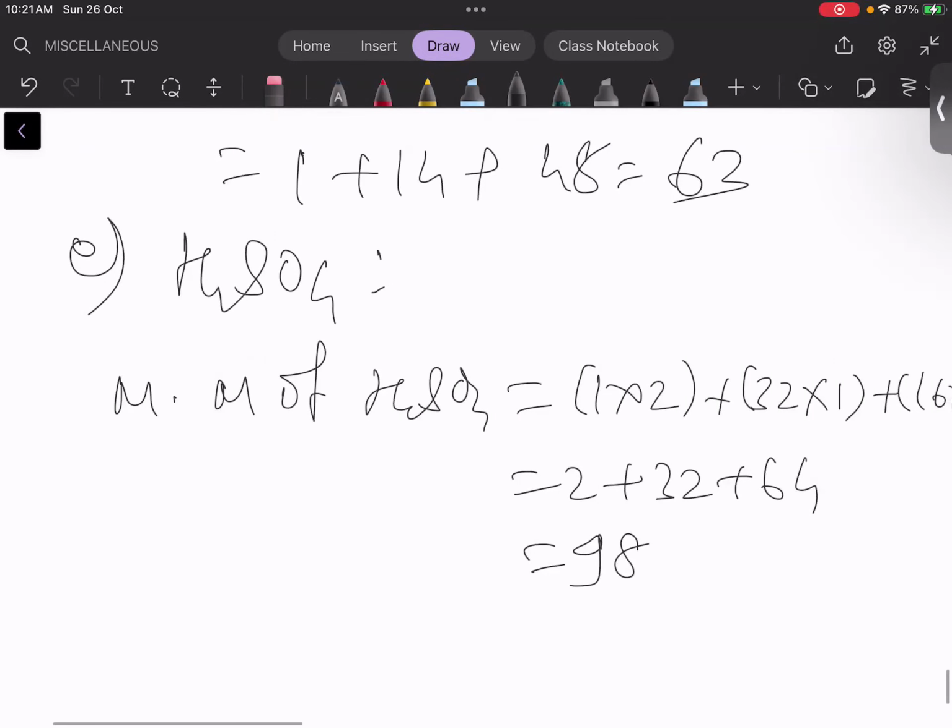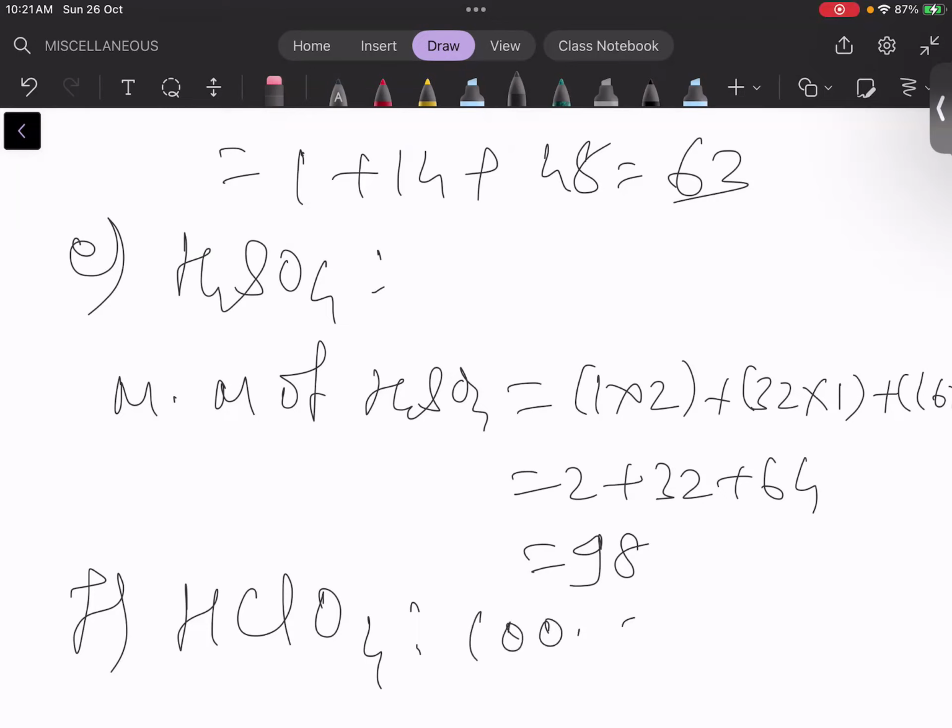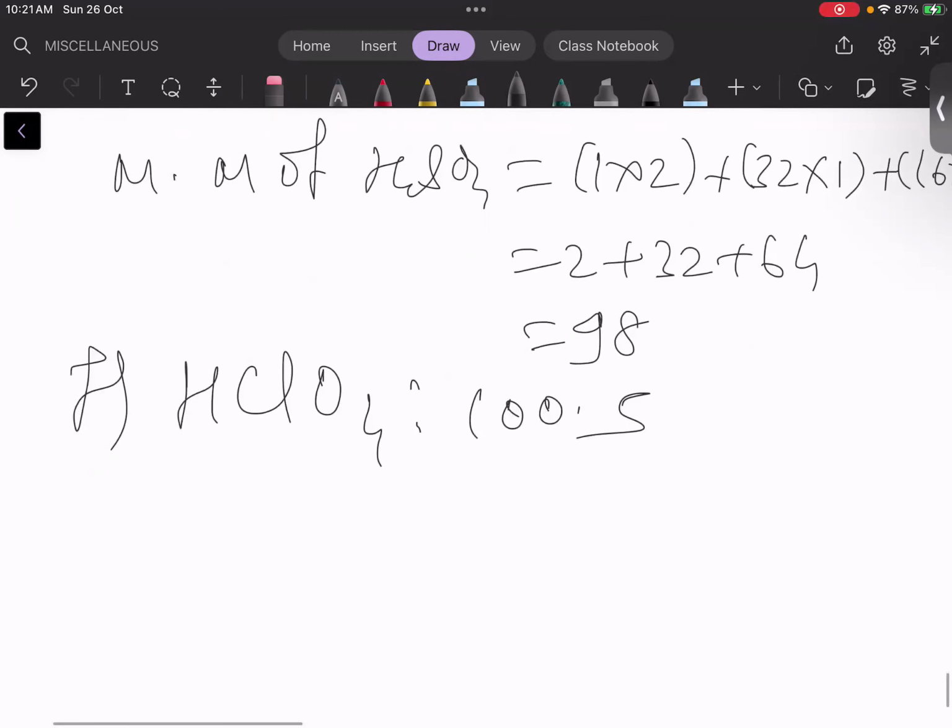Can you calculate for perchloric acid? Chlorine is 35.5. Chlorine, how much? 35.5. 100.5. Very good. Can you calculate for methanol?